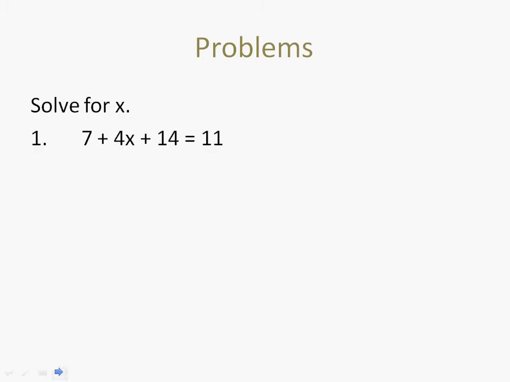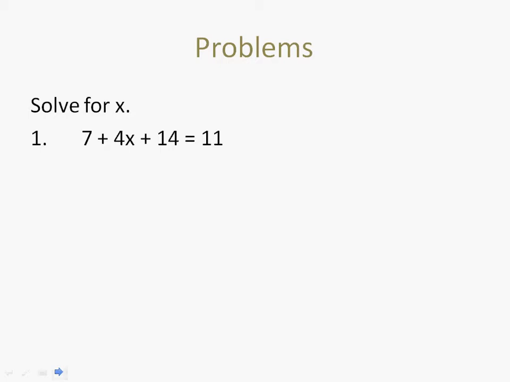And here's our first problem. We have 7 plus 4x plus 14 equals 11. Now, here's a thing I want you to do. And trust me on this, actually do it on your paper after you've written the example down. Take your finger and cover up the right side of the equation. Pretend like I'm sitting here in the computer screen watching you.